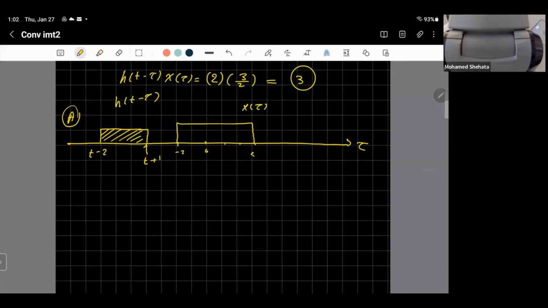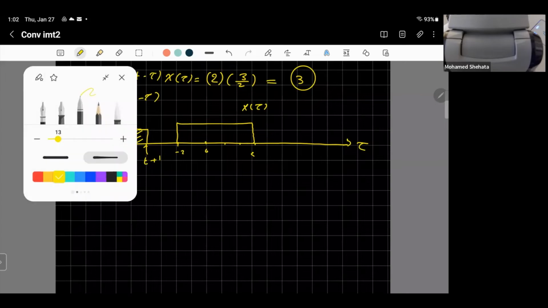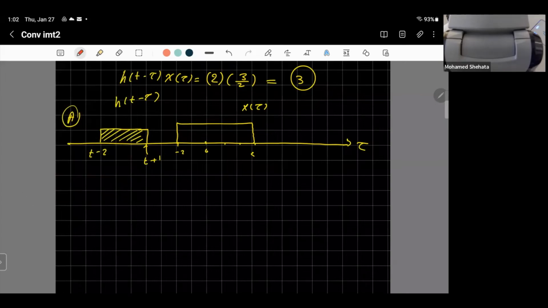Exactly. You see, when you look at it, it's very simple. You only find there are two next to each other. So you're saying that t plus 1 should not reach -2, right?